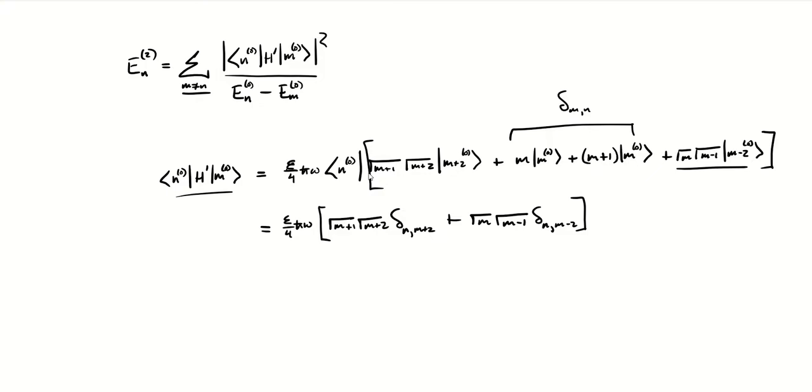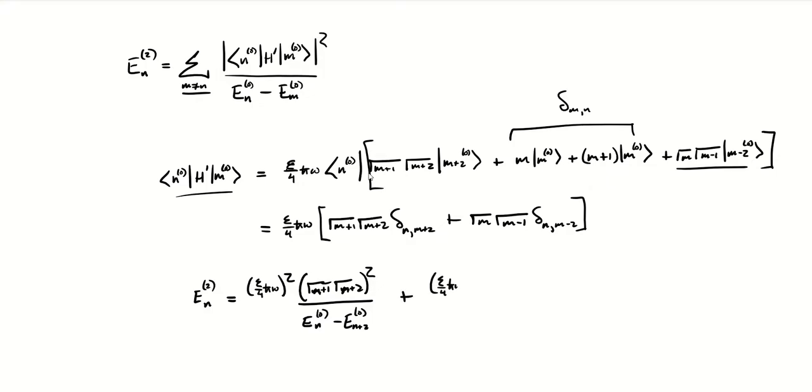So our second order correction to our nth energy state is just going to be, well, this squared, so we have epsilon over 4 h bar omega squared times root n plus 1, root n plus 2 squared, all over, sorry, these should be n's, E n to the 0 minus E n plus 2 to the 0, the 0th order correction of that, plus epsilon over 4 h bar omega squared times root n minus 1 squared over E n to the 0 minus E n minus 2 to the 0.